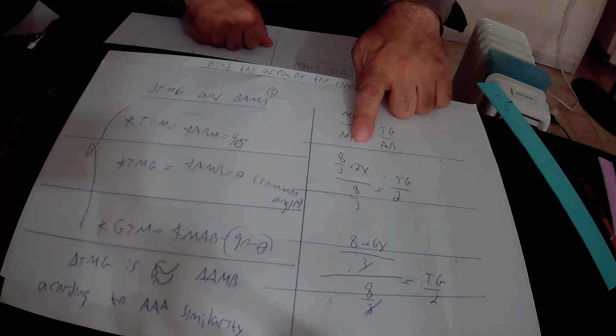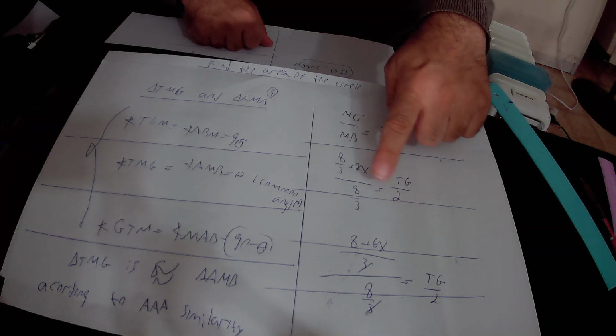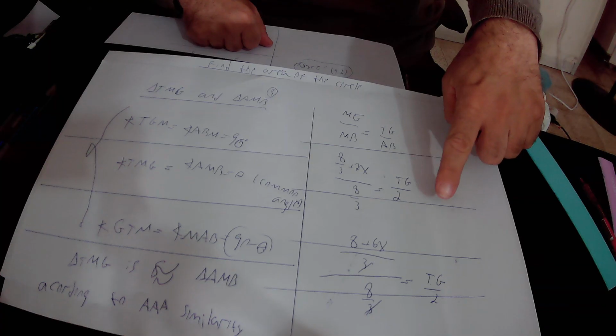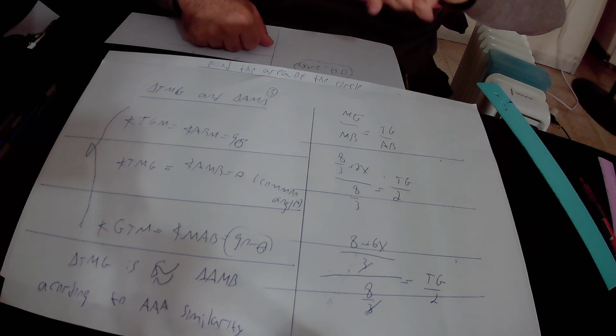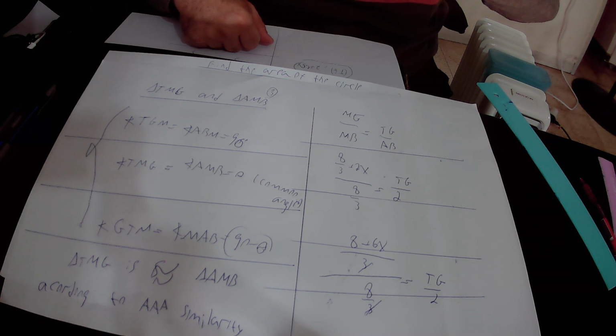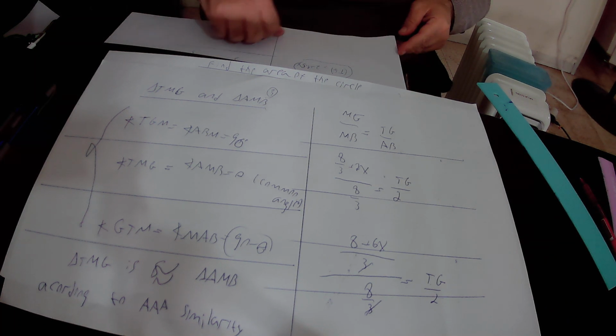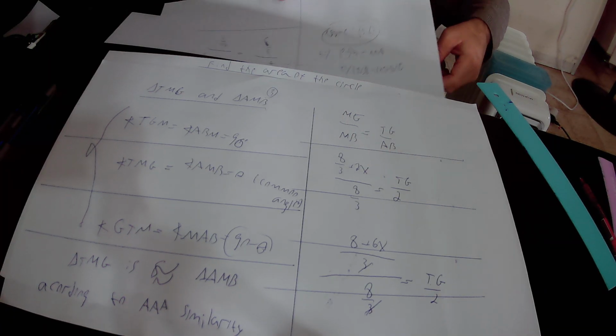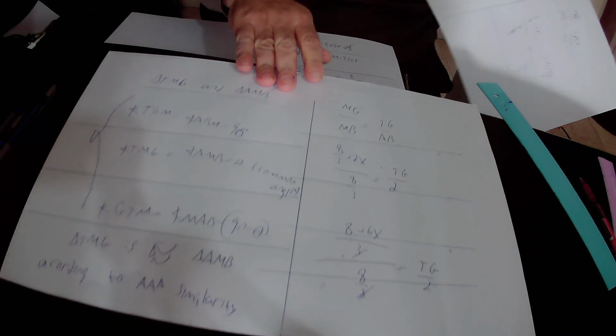We found that (8 plus 6x) over 3 over 8 over 3 equals TG over 2. The 3 in the numerator and the 3 in the denominator get cancelled. Finally, 8 plus 6x over 8 equals TG over 2.